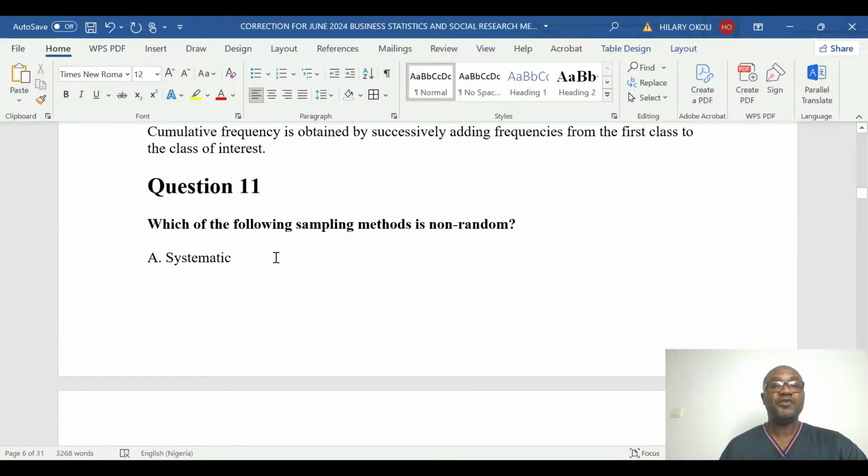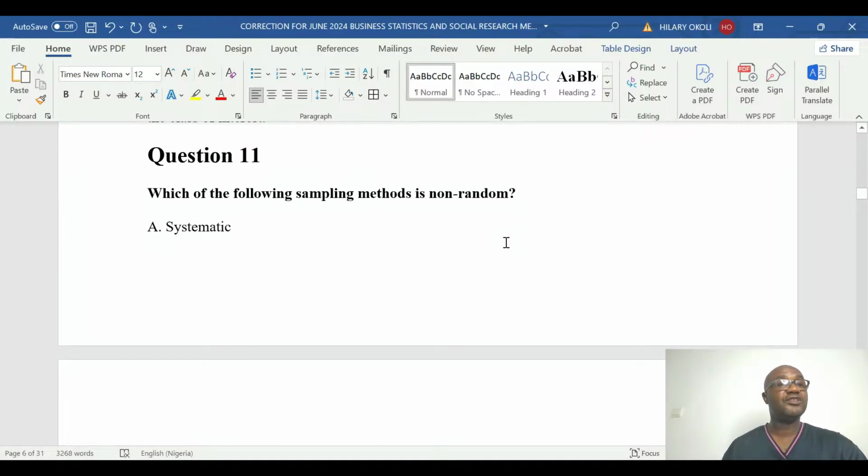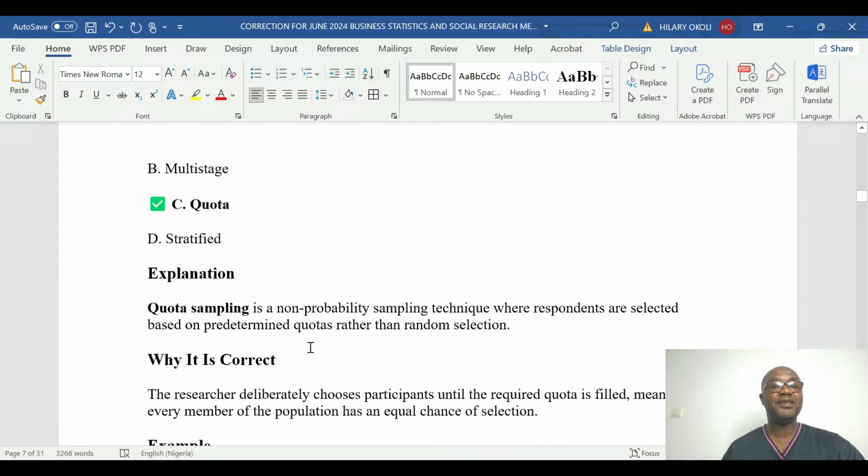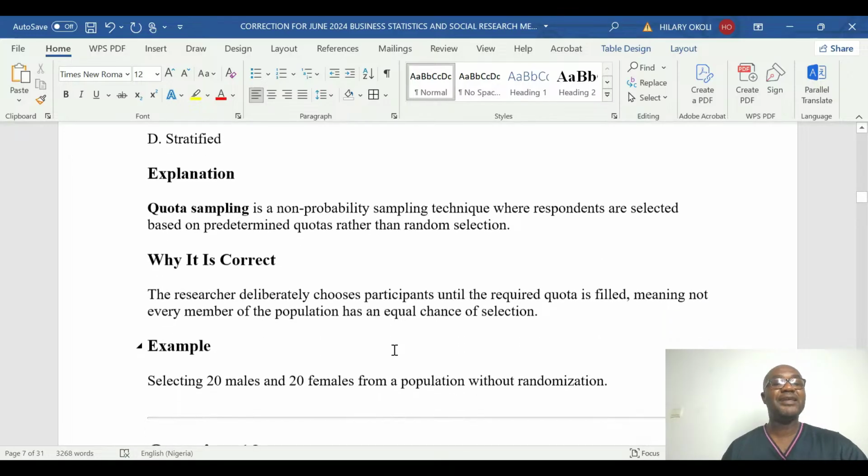So 11 says, which of the following sampling methods is non-random? This is a walkover because we discussed this extensively. It is quota. Quota sampling is a non-probability sampling technique where respondents are selected based on predetermined quotas rather than random selection. It is correct simply because the researcher deliberately chooses participants until the required quota is filled, meaning not every member of the population has an equal chance of selection.